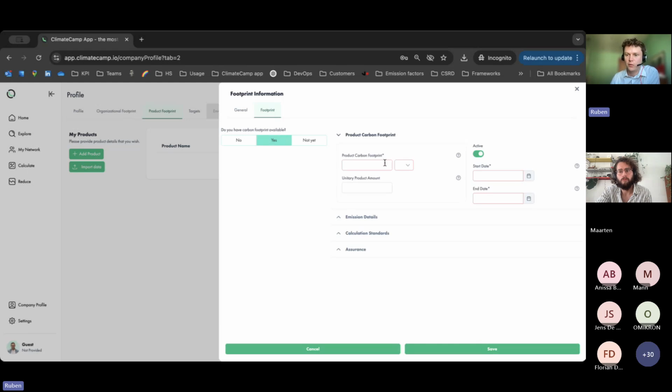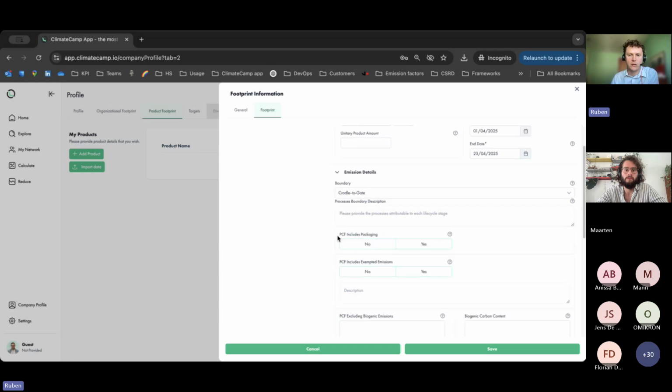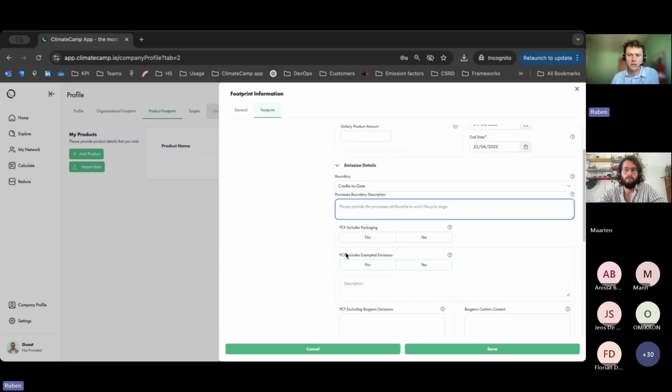On the product carbon footprint, some of the data points that are received, and you'll see that it's more than just a number. Actually, we will ask the validity or the period for which this PCF is available, indicate the unitary product amount, some of the details as well. So of course, the system boundaries are very important to request a description on these boundaries.